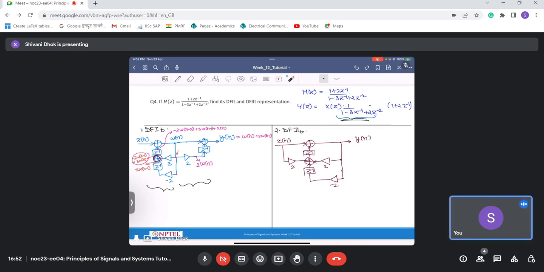I have 2 delay elements only. Sorry, 3 delay elements here and 2 delay elements here. But the amplifiers remain the same. Amplifiers won't change in any case.